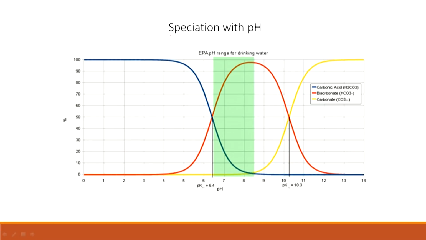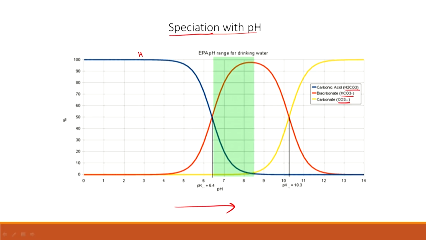So, here we have speciation with pH, and here we have the pH pKa graph. On the x axis you have the pH, and here you have the relative concentration of the 3 species. That is why we call it speciation. We have H2CO3, HCO3 minus and CO3 2 minus here.